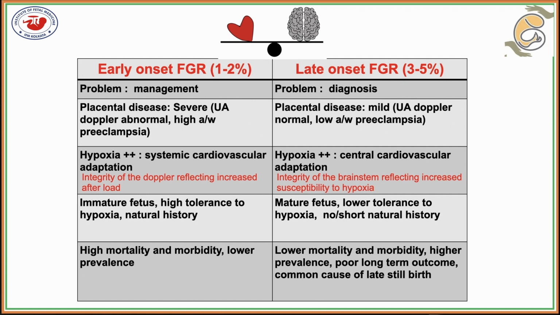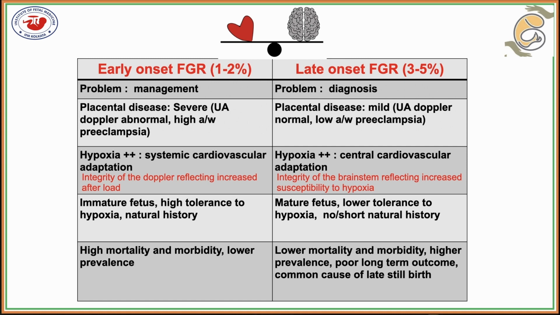What happens? There is increased pressure in the ventricles, which is transmitted to the atrium, because the right ventricle is the dominant ventricle in fetal life. So the changes will happen earlier on the right side than on the left side.